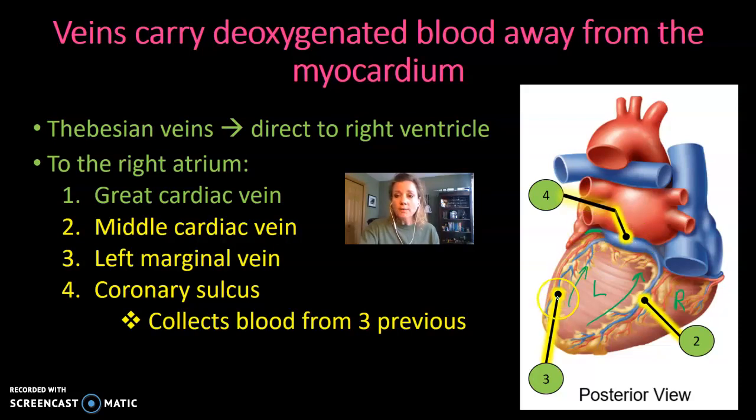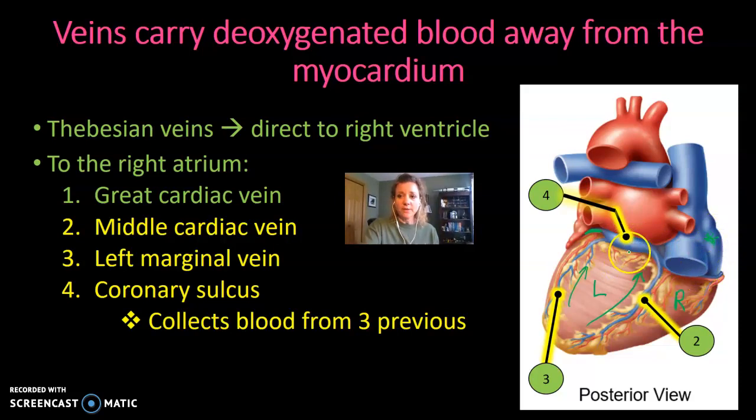So all of these cardiac veins are going to merge into this portion here. And the coronary sinus is going to dump all of this deoxygenated, waste-filled blood into the right atrium. So it's all going to merge into the right atrium, which is right over here.